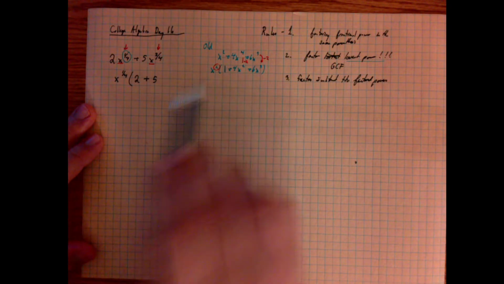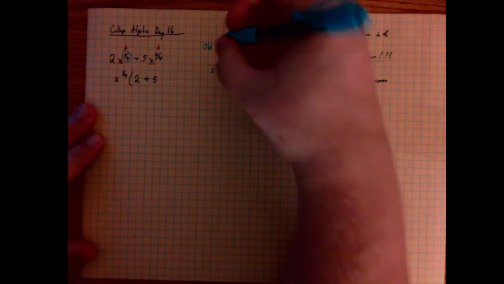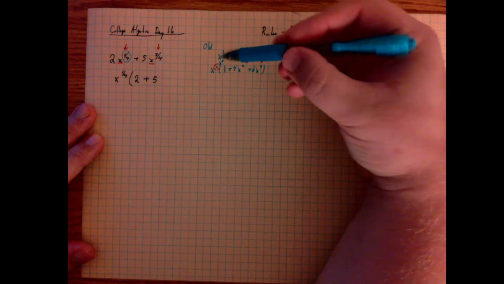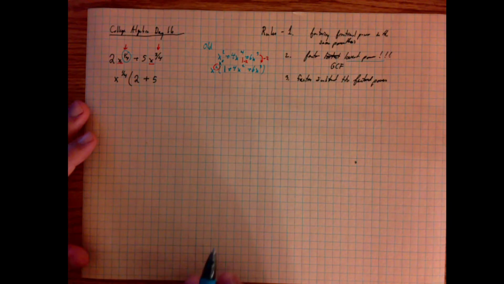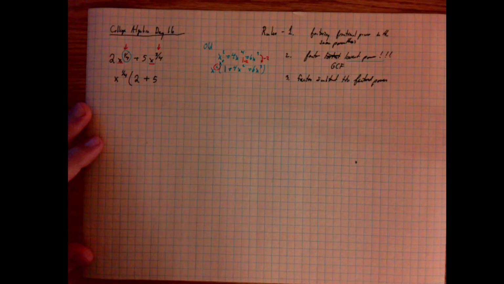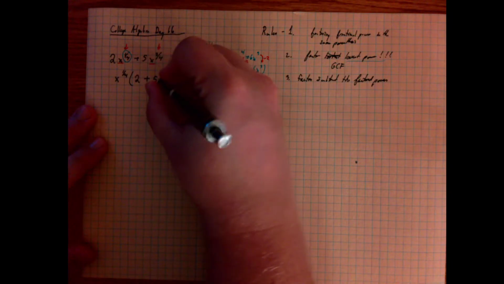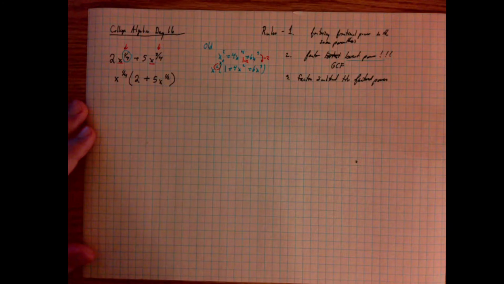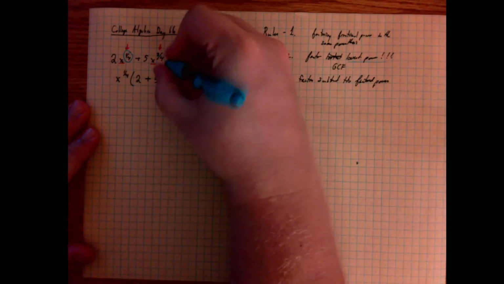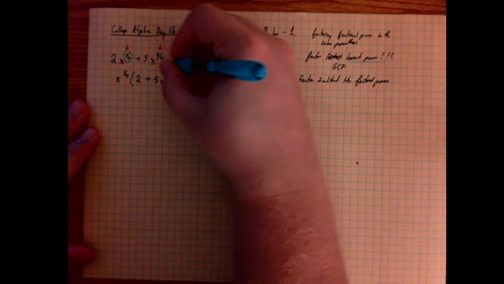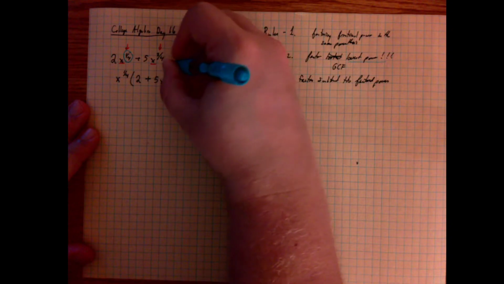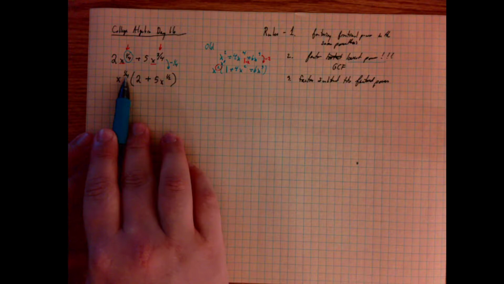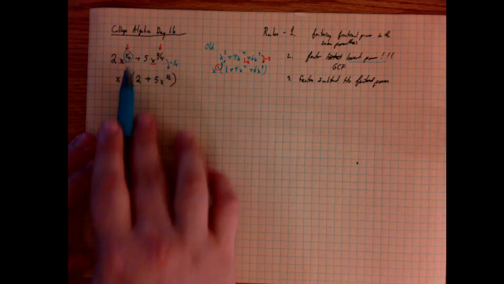And even in this first one, that makes sense, because if I subtract 2 from it, I would end up with x to the 0 power, and x to the 0 power is, of course, 1. This helps to illustrate what's going to happen here. This becomes x to the 1/2 power. The reason why it becomes x to the 1/2 power is because you're taking the 3/4 and you are subtracting 1/4. So we take the power that we're trying to take out and we subtract it from the powers of each of these.